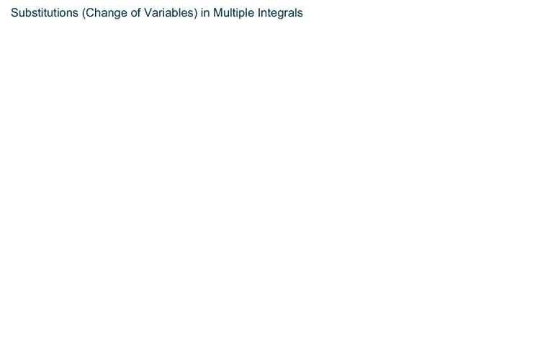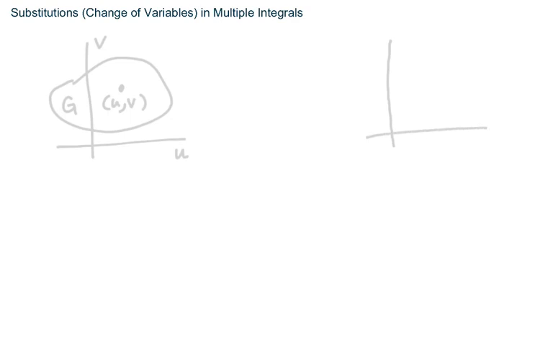So the idea of what we're doing is, say we have some UV plane and we've got some surface in the UV plane. We'll call that G, and any ordered pair in there would be (u, v). We are going to apply some transformation.